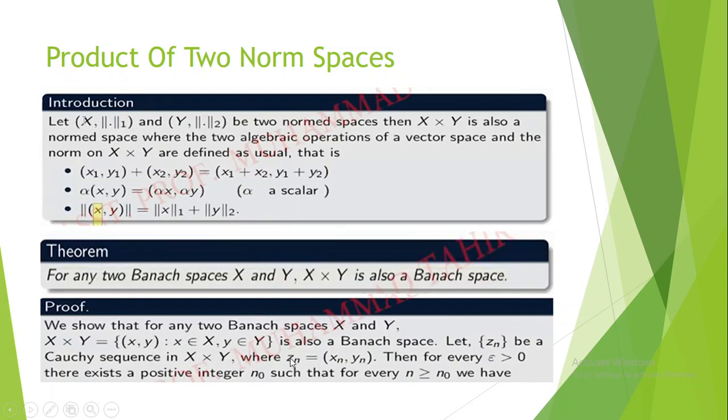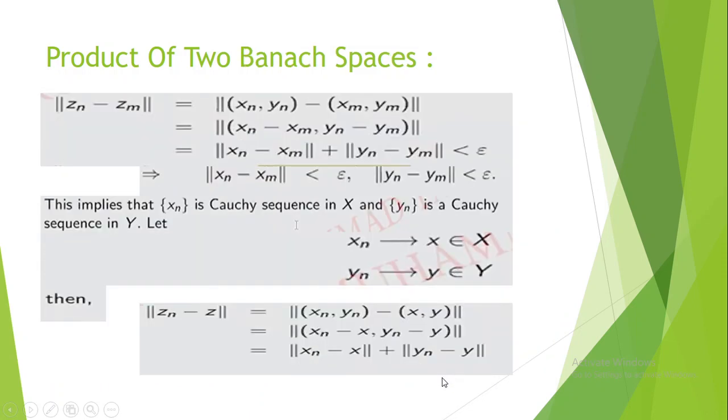We write the sequence Z in this form because Z belongs to the Cartesian product. Then for every epsilon greater than 0 there is a positive integer, say n naught, such that for every n greater than or equal to n naught we have this. So we apply the criterion of a Cauchy sequence.